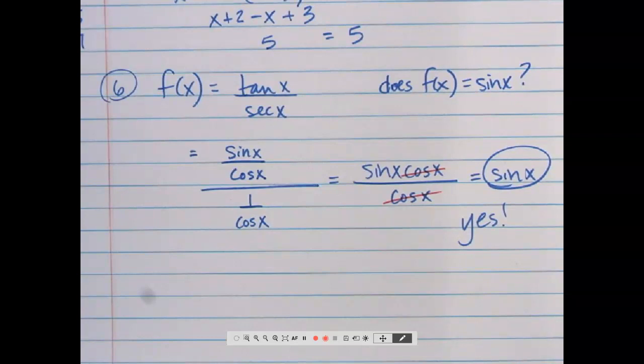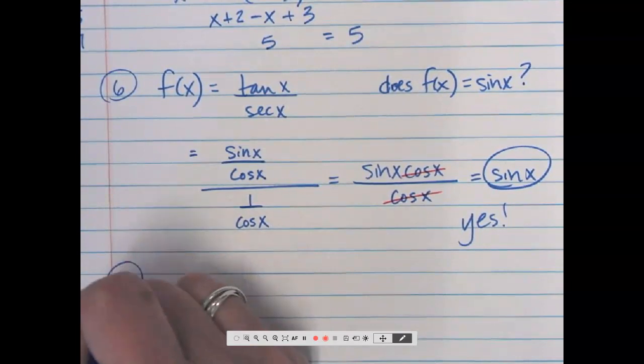All right, let's see. Moving on down, then we have number 11 and 12. Okay, prove the identity. Does anyone struggle with 11 or 12 over the other one? 11? Okay.